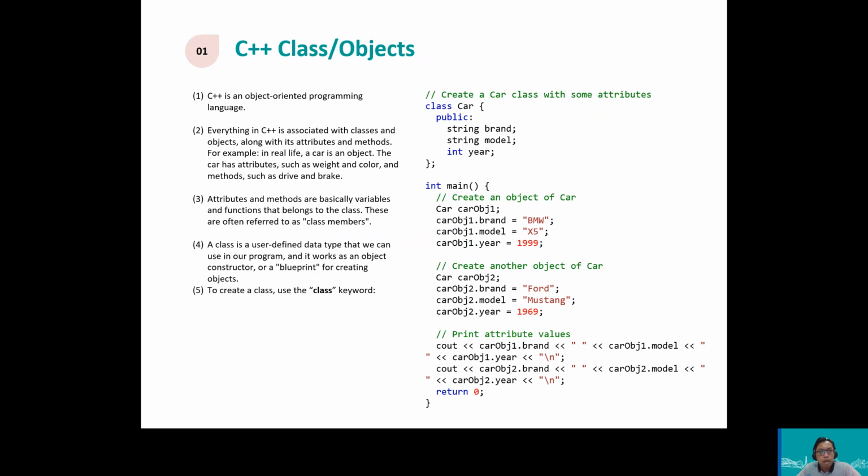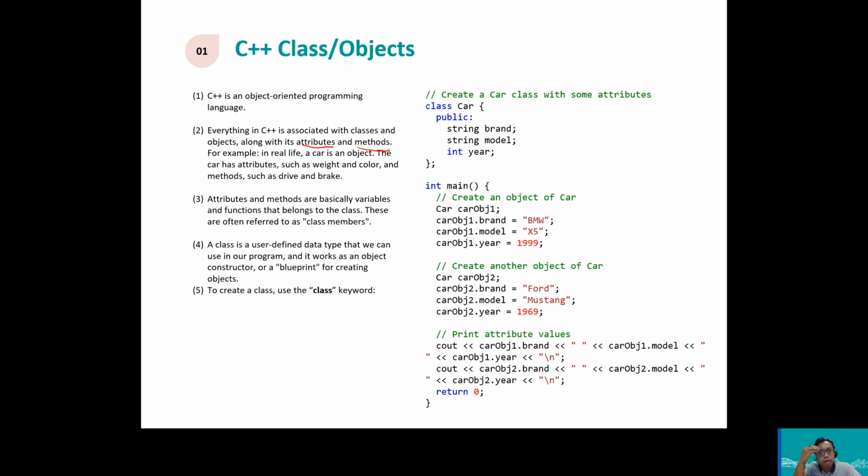Everything in C++ is associated with classes and objects, and the object has what we call attributes or properties and also methods. Sometimes we also call it behavior. These are just the different terminologies that we use. So you have here the attributes and methods.